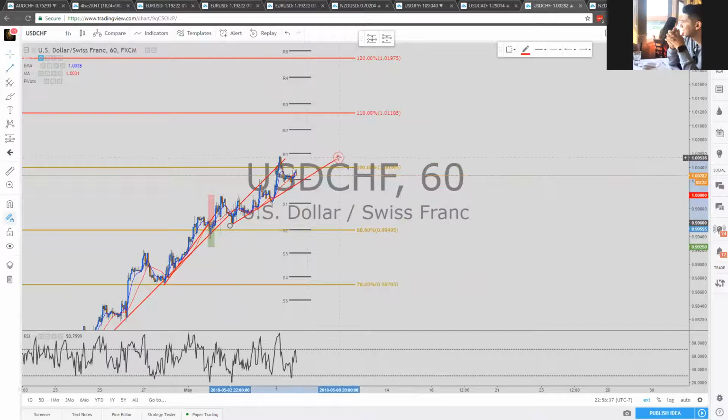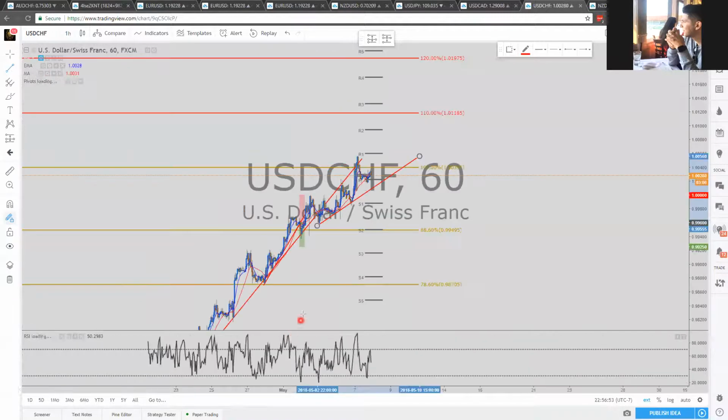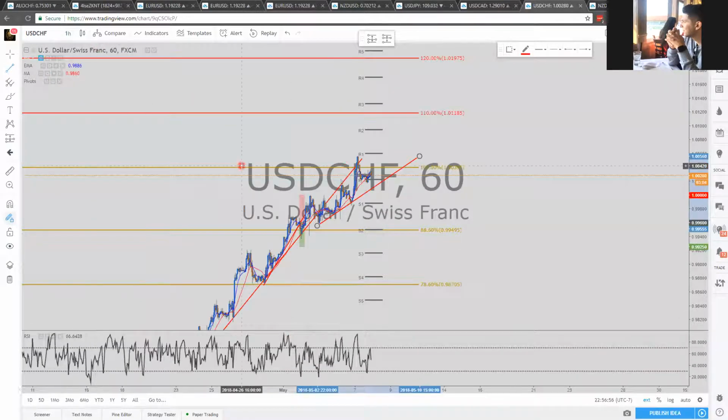But if you were to catch this one on that reversal, right now it's still an uptrend. I would wait for this one. It's not really showing divergence here.